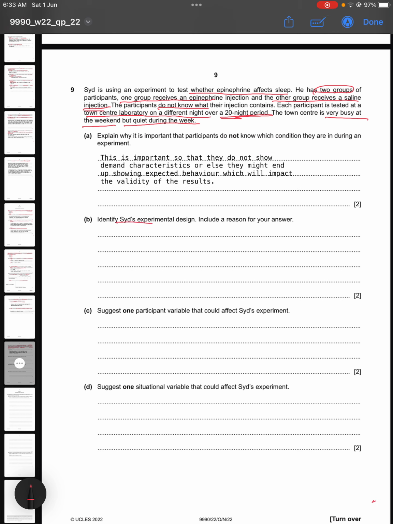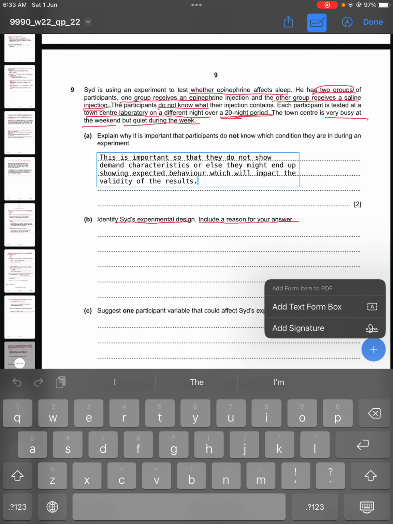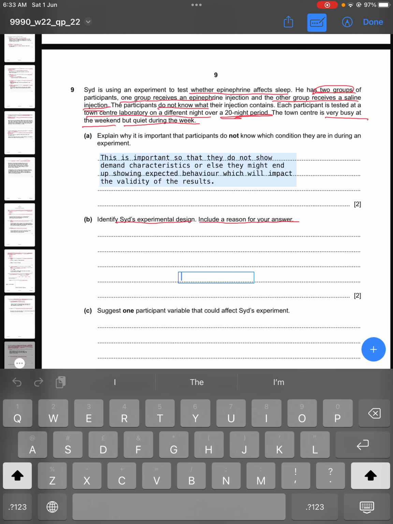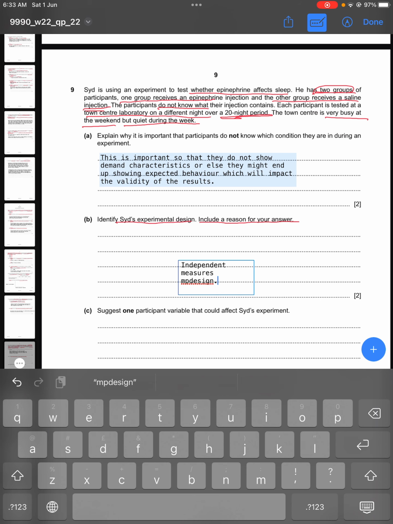And then identify Sid's experimental design, also include a reason for your answer. And over here you can see for identifying Sid's experiment, going back to the prompt given, it says he has two groups of participants. One group receives an epinephrine injection and the other group receives a saline injection. So from over here we know that he used an independent measures design. And make sure you are not writing independent design or independent measures.